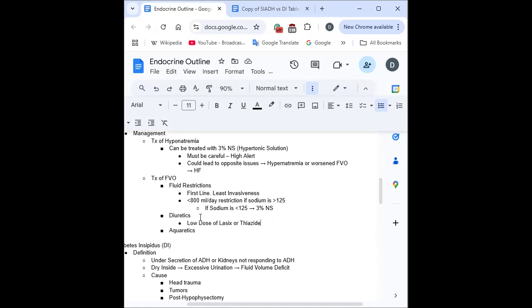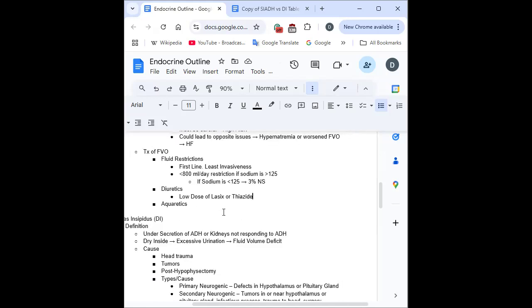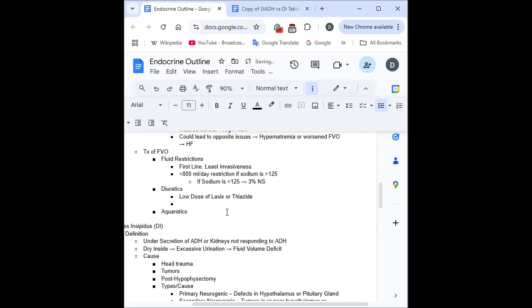The idea would be a low dose in order to diurese, but also be careful due to the loss of electrolytes. If hyponatremia is already a problem, then you've got to be careful with these, and that's again why it's not first line. And then aquaretics.